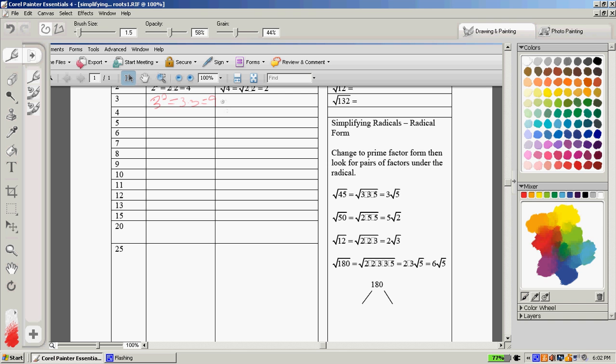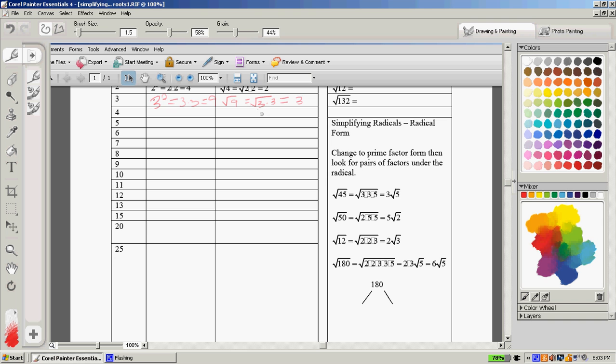And if you go backwards, if you see the square root of 9, what this means is 3 times 3 underneath a radical equals 3, because the number that's multiplied by itself to get 9 is actually 3. So that's what the square root of 9 means.